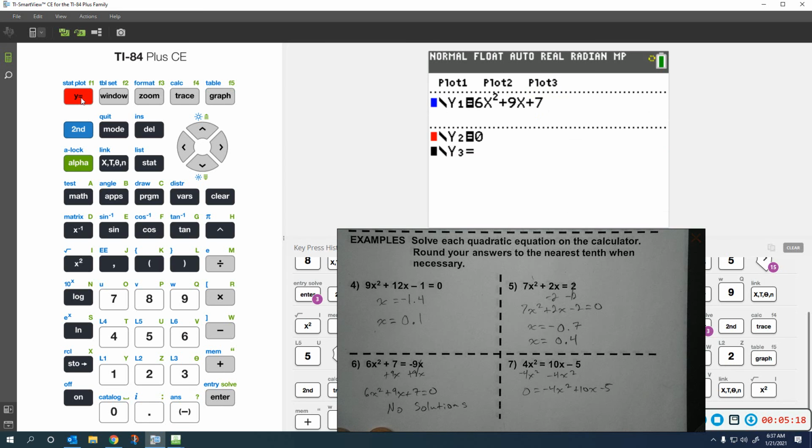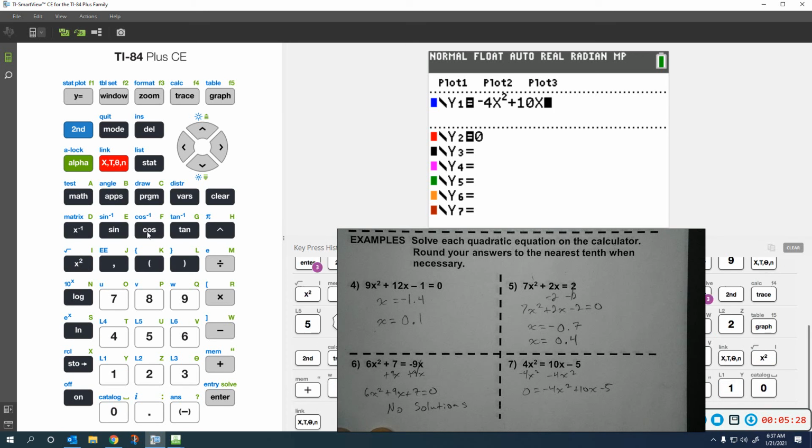Graph it. Y equals, I'm going to clear the first one. I've got negative 4x squared plus 10x minus 5. Hit graph.